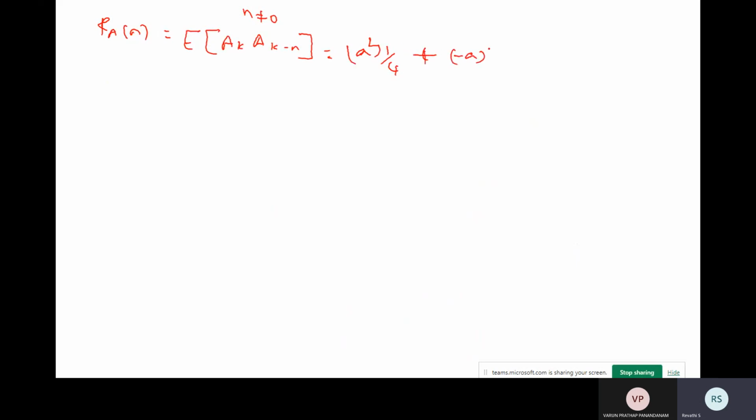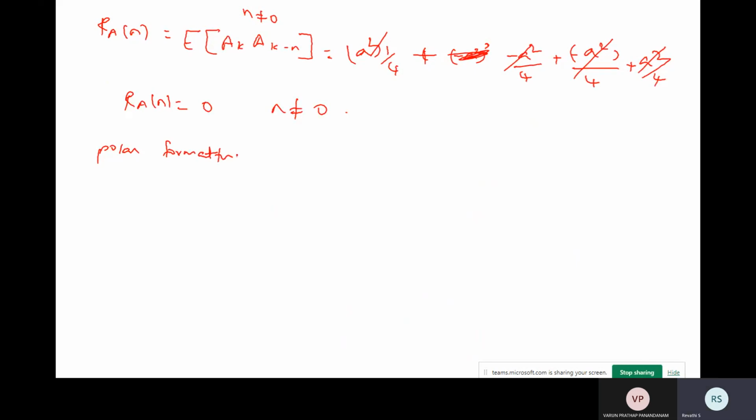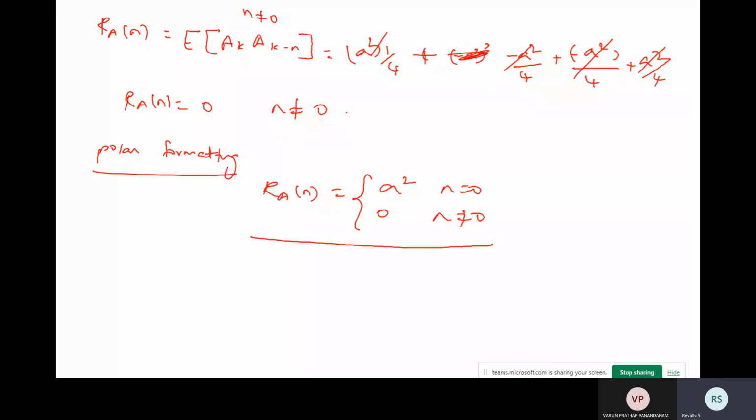If you add everything, everything gets cancelled out. So you can say RA of n equals 0 when n is not equal to 0. So for polar formatting, you got RA of n equal to A square when n is equal to 0 and 0 when n is not equal to 0. These are the two results for polar formatting.